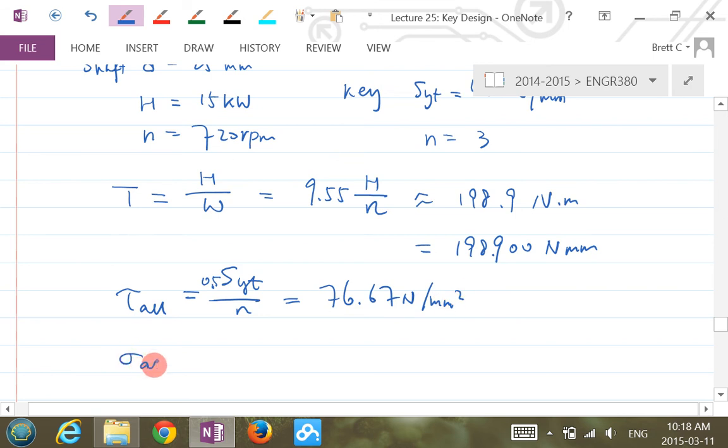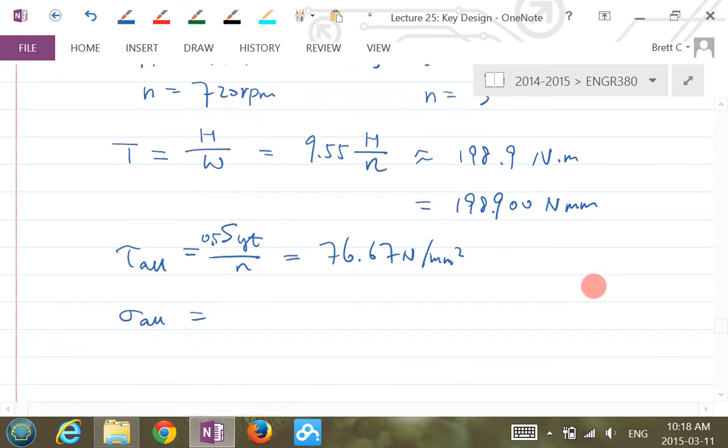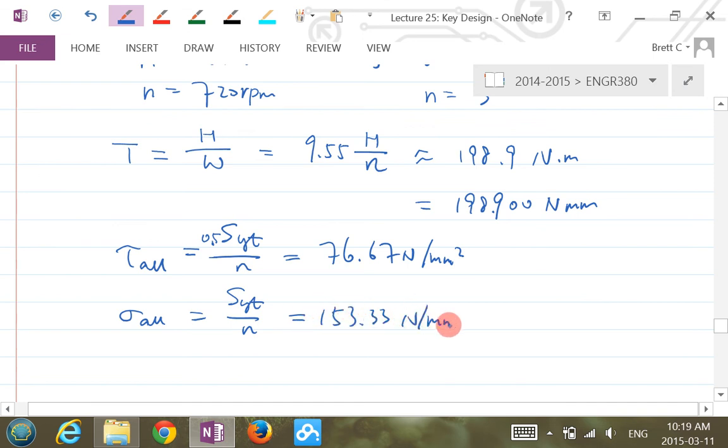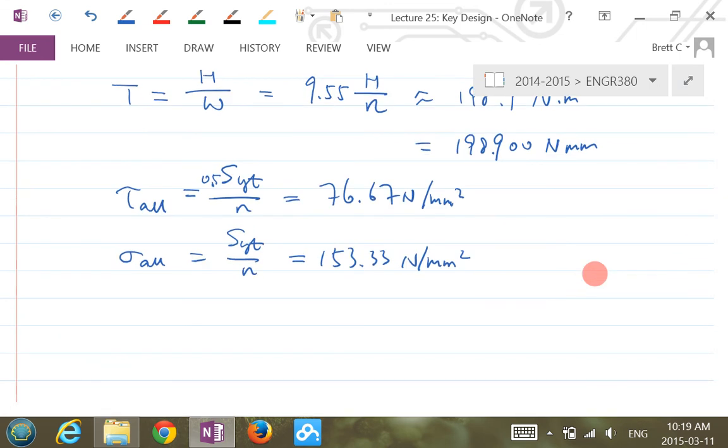We can also look at sigma allowable, so the allowable shear stress and allowable bearing stress. That's SYT over N, and this turned out to be this number. Okay, so then it's time to pick the key now.